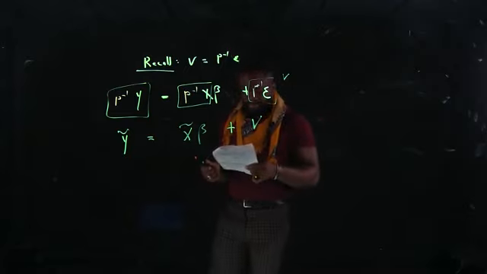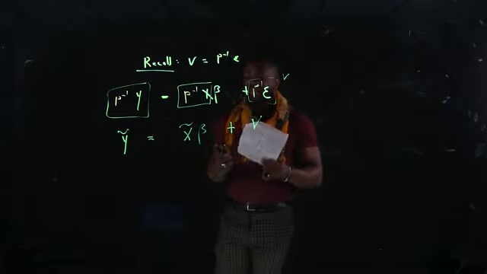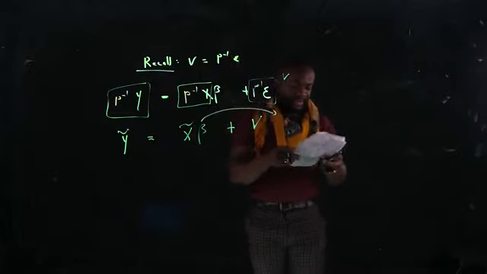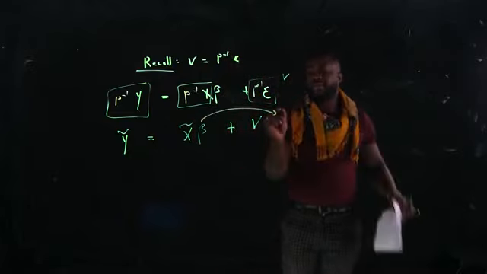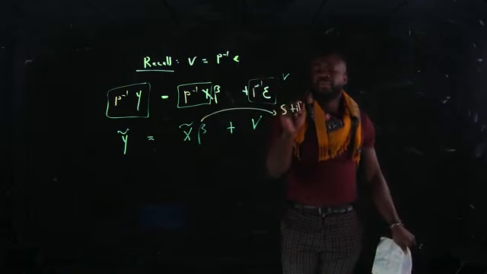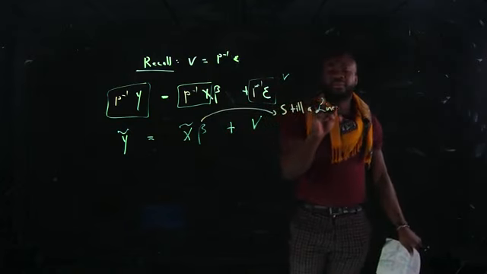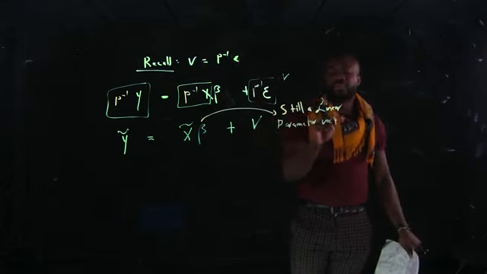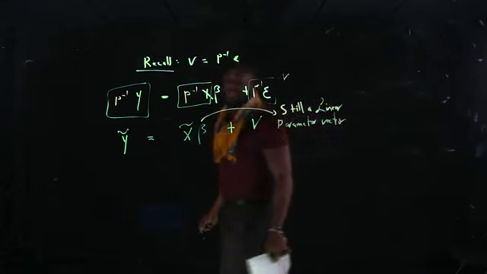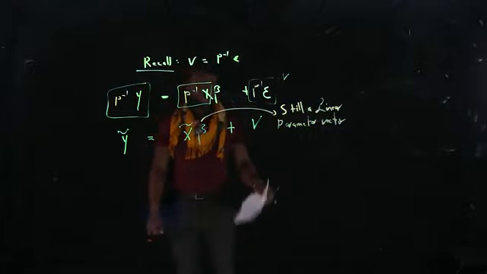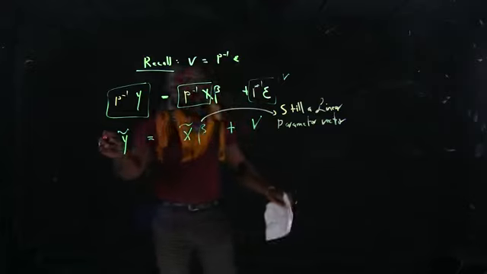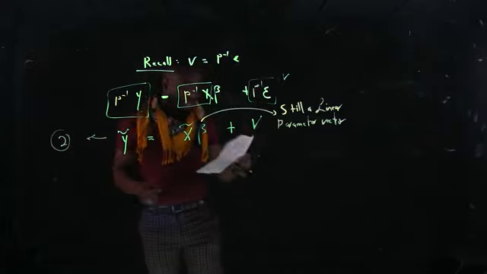Something I'm going to note here is that this beta term is still a linear parameter vector. I'm going to call this equation number 2.